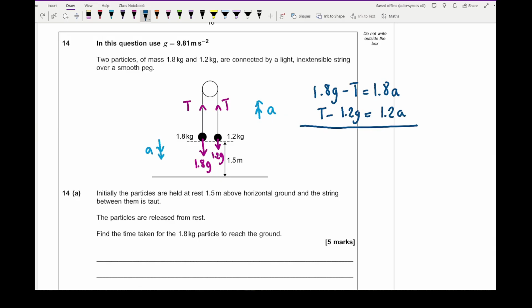We want to work out the acceleration value because in part A it talks about the time taken for the particle to reach the ground. So this is a Suvat question. So we want to have all the parts for Suvat.